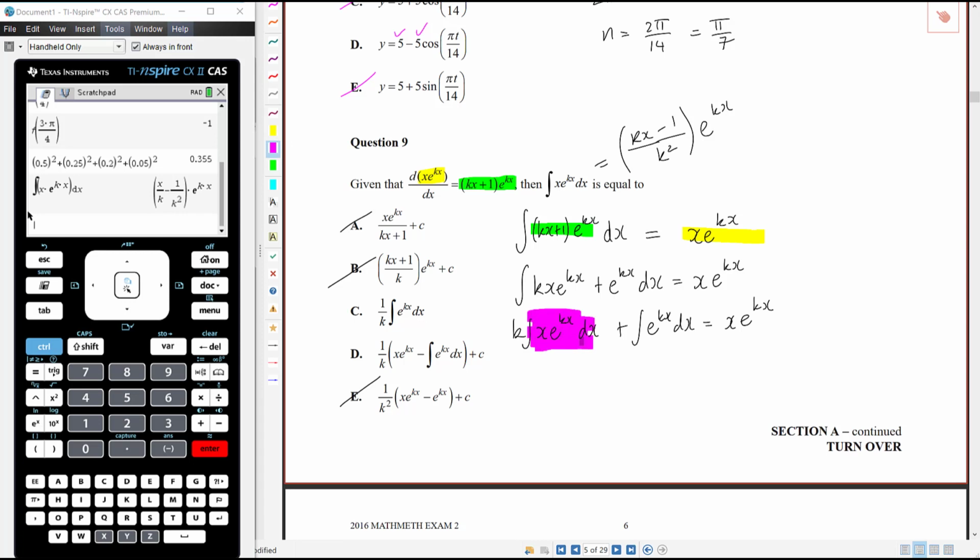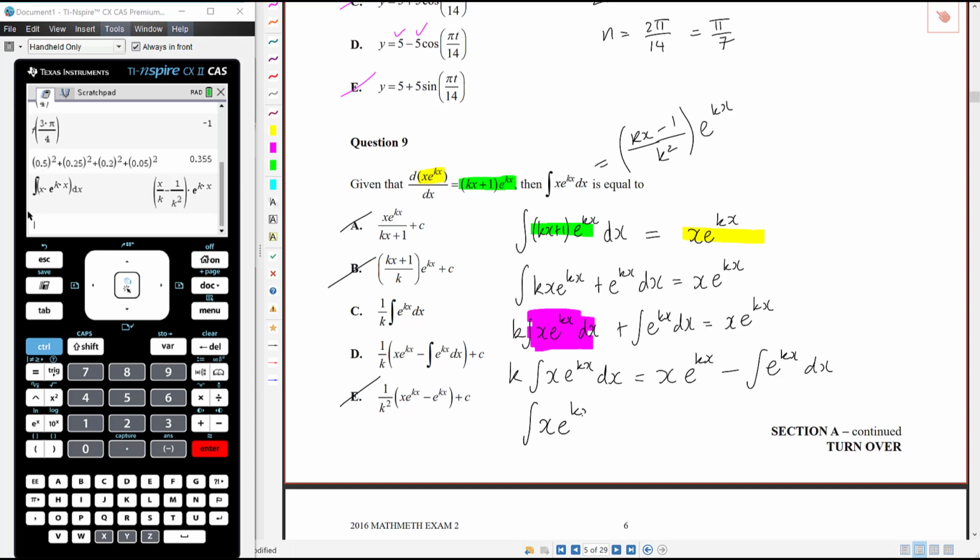So that's our aim. So we want to simplify everything else and move it onto the other side. So if I subtract that other integral, I'm not going to evaluate it because I can see that my answer actually still has an integral in it. So it's x e to the kx minus the integral of e to the kx. And then we just need to divide by k.